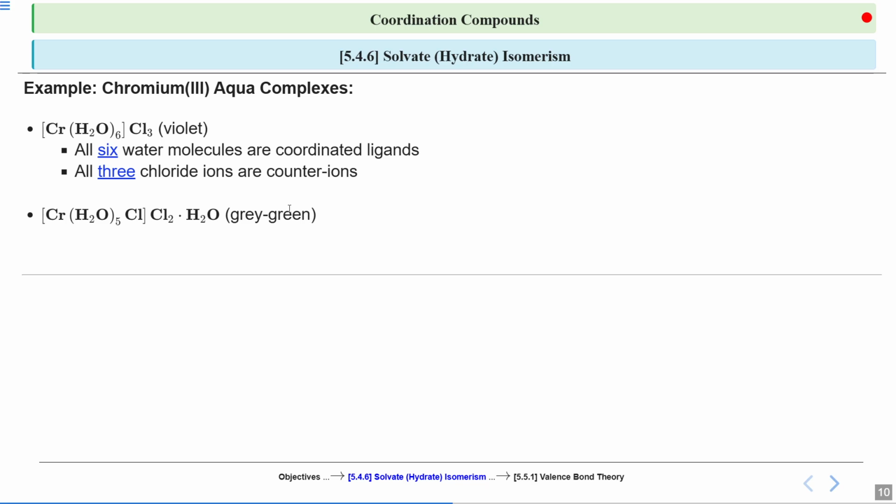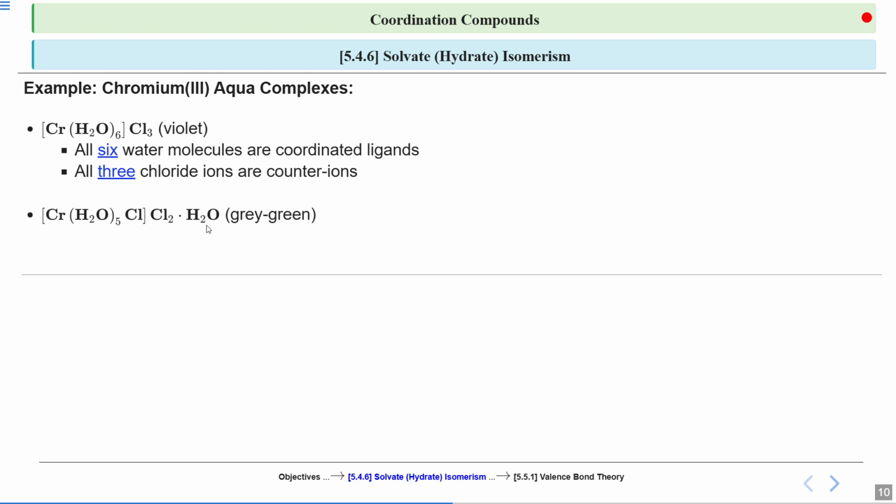So the different color indicates that this complex is different from the first one. Their empirical formula, that means the formula representing the number of all the constituent atoms making this coordination compound, will be the same, but the arrangement, if you observe in the two complex structures, is going to be different, right?